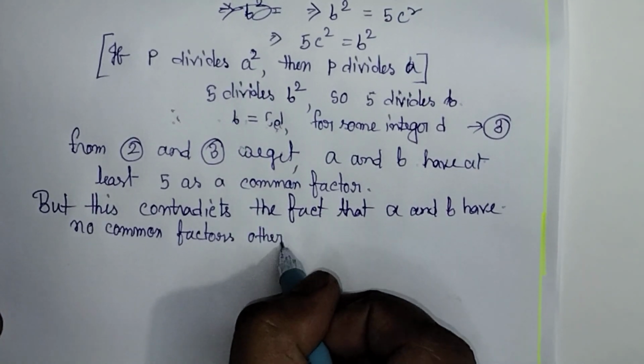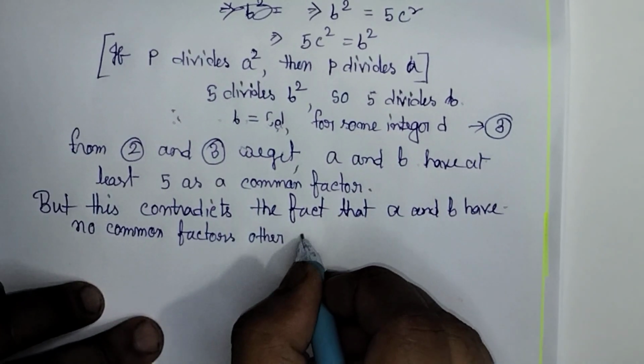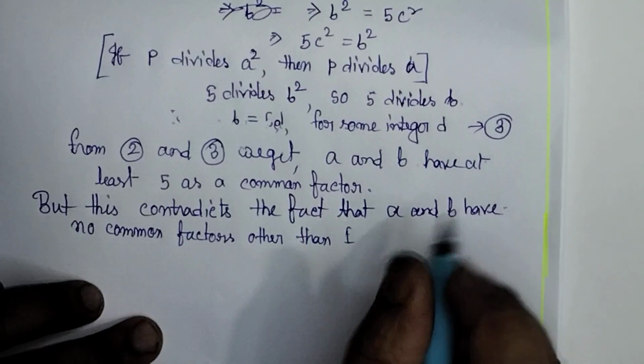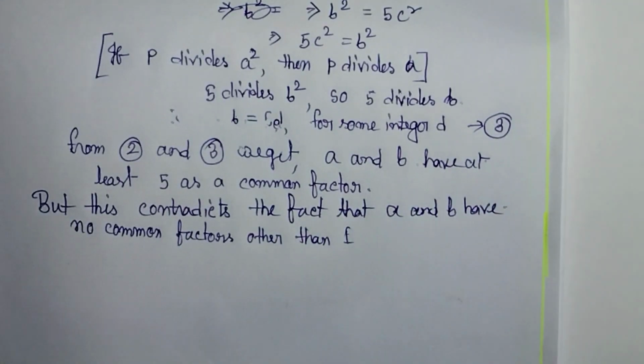Contradict means opposite, wrong. Co-prime means having no common factors other than 1. So our supposition, that means our assumption, is incorrect.